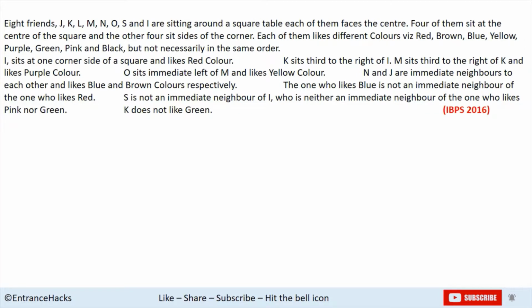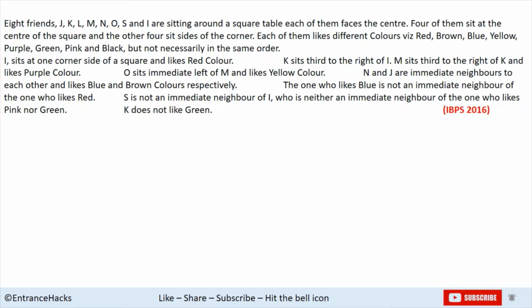Let us understand this by attempting a question which came in the IBPS PO exam 2016. In this question, there are 8 friends sitting around a square table and each of them is facing the center. 4 of them sit at the center of the sides of the square, and 4 sit at the corners. Each of them likes a different color.